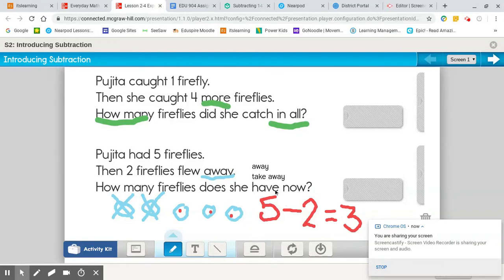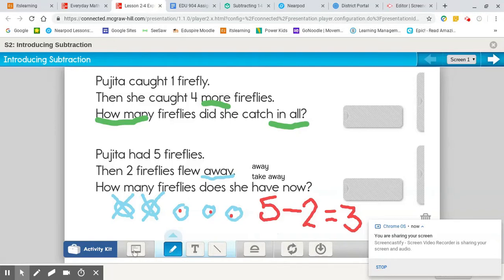Subtraction again starts with the biggest number, and then you take away a number that is smaller. When you're subtracting, your answer is also going to be smaller than that first number that you started with. In this case, there are 3 left.